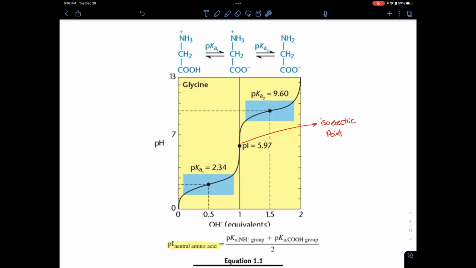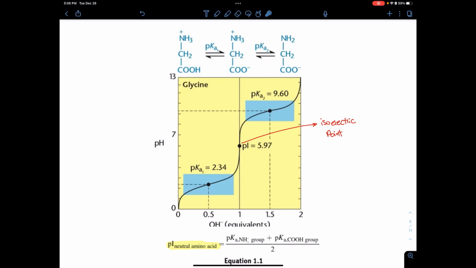Okay, now we're going to discuss the titration of amino acids. We have glycine right here, and we are increasing the pH of the environment. We can see that we have some horizontally flat lines, and one vertical flat line on the graph. We're going to discuss each of them. The first horizontally flat line is around a pH of 2.34.